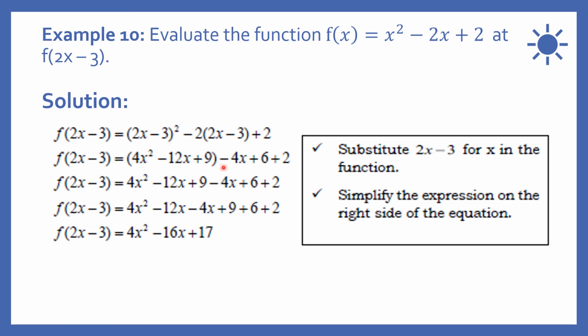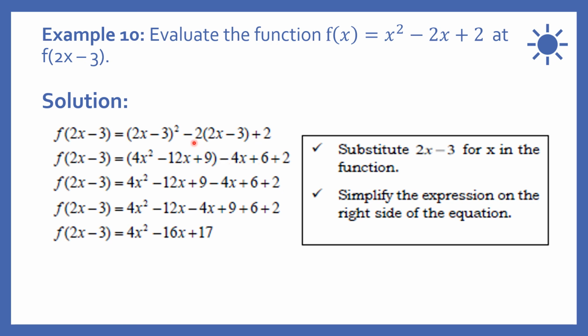And then, minus, ito, dahil negative ito, imumultiply natin using distributive property. Okay, so minus, ito ay negative 2 times 2x is negative 4x. Negative 2 times negative 3 is positive 6. So, sa multiplication, pag like signs, positive. Pag unlike signs, negative.